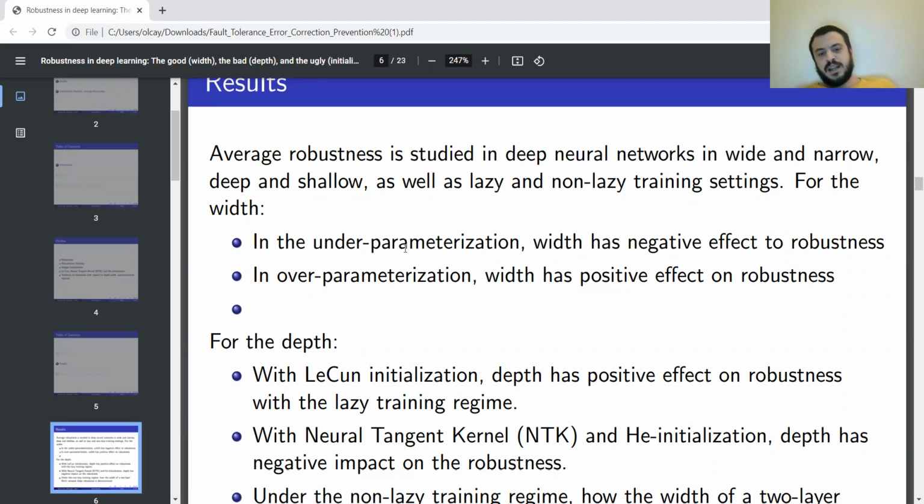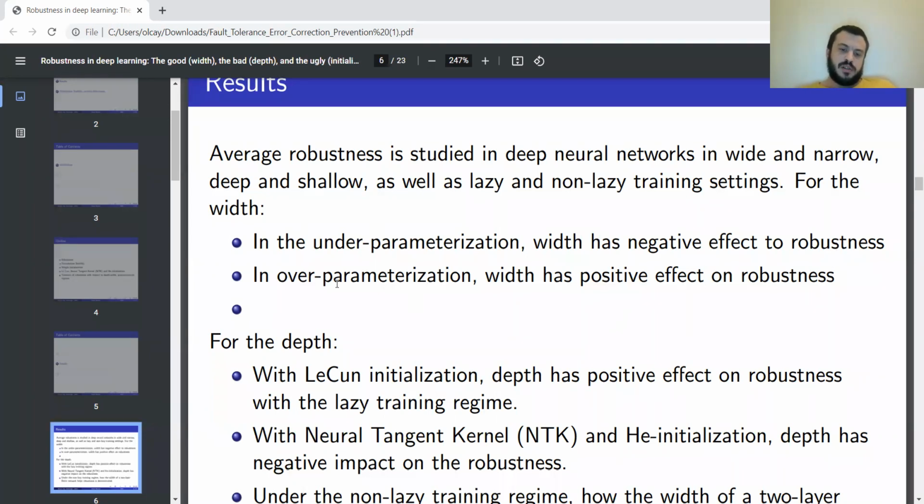For the width, in underparameterization, what is underparameterization? Underparameterization is when a system's parameters are not enough to deal with the complexity of the training set. And in underparameterization, the width has a negative effect on the system's robustness. In overparameterization, the width has a positive effect on the robustness of the system.